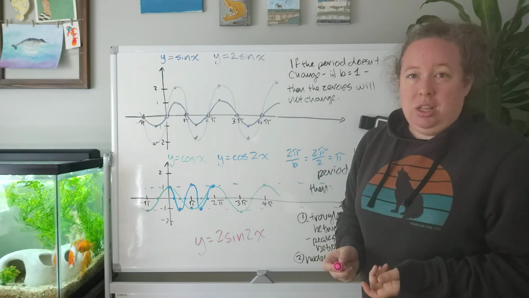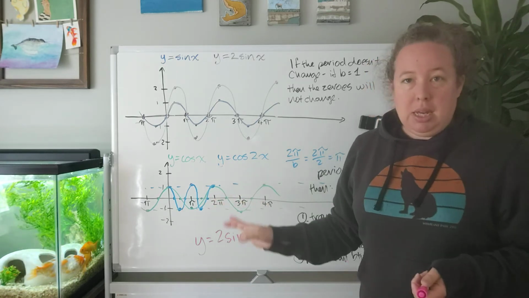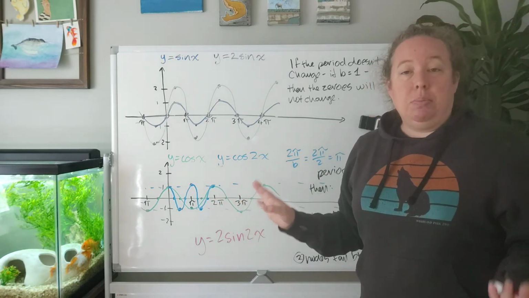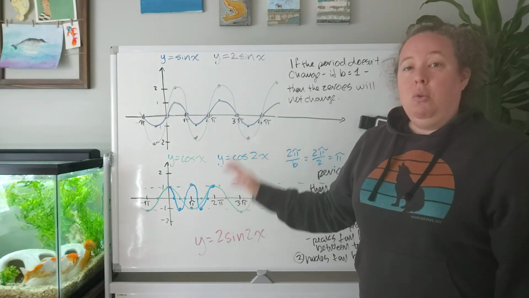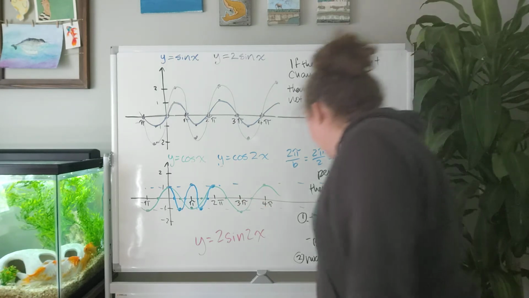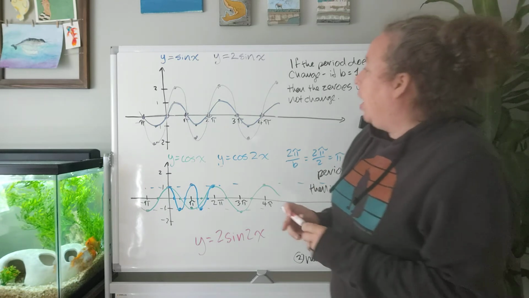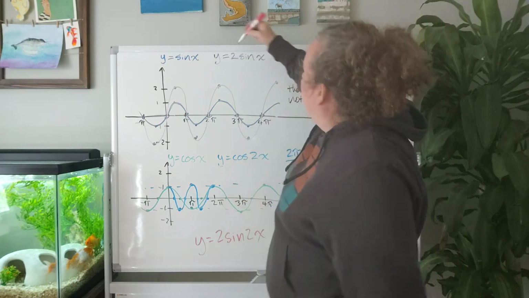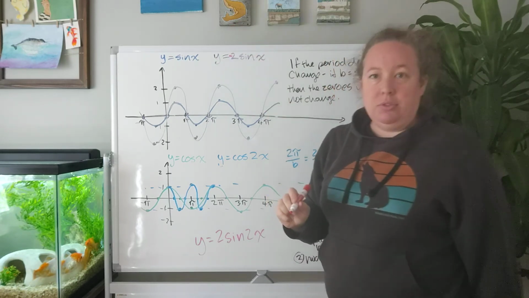Then my suggestion is that you pick some intermediate values to plug into your calculator to see if it matches what you have on the paper. Okay? The final piece of advice that I have is, what if you have y equals, for example, negative 2 sine of x?